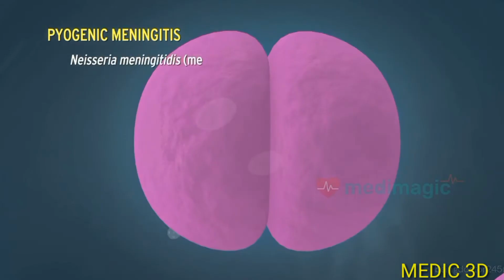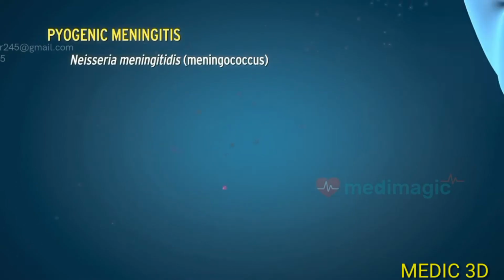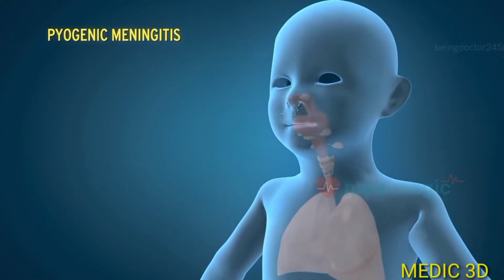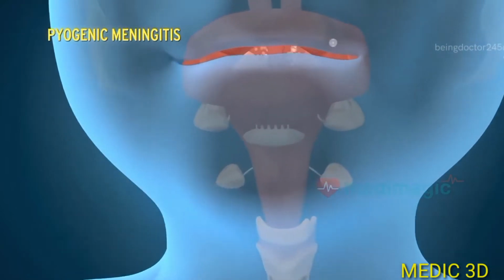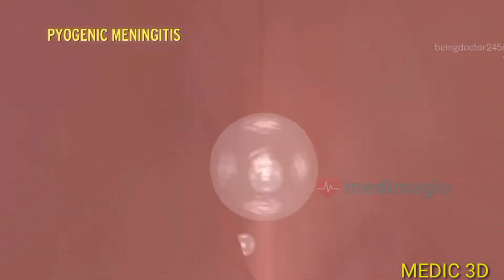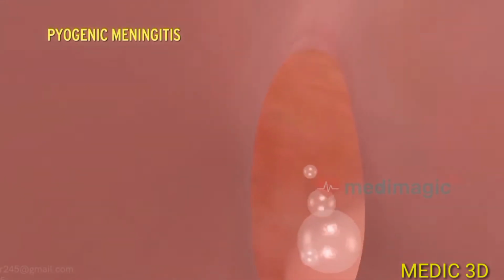Neisseria meningitidis is a diplococcus bacterium called meningococcus. The bacteria are transmitted through respiratory droplets. The bacteria travel along the respiratory tract, initially till the nasopharynx.